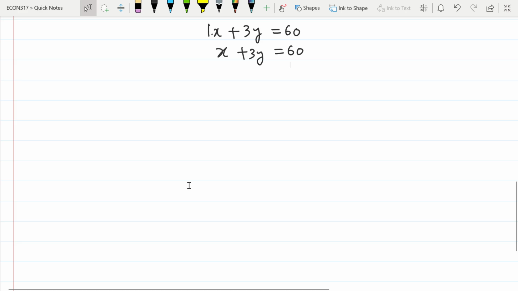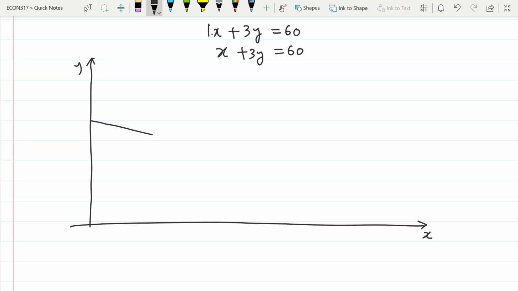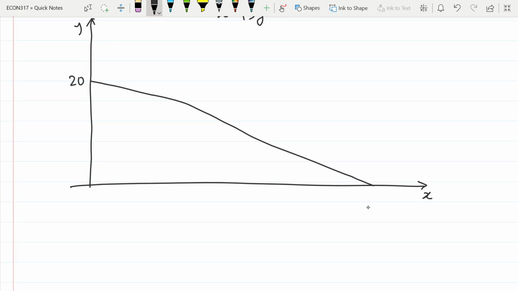I will draw first the new budget line. We have X on the horizontal axis as before, Y on the vertical axis. There is no change in the quantity of orange we could buy if we have the same price of orange and the same income. So this number remains 20. But now we could see the amount of apple we could buy has gone up from 30 to 60.